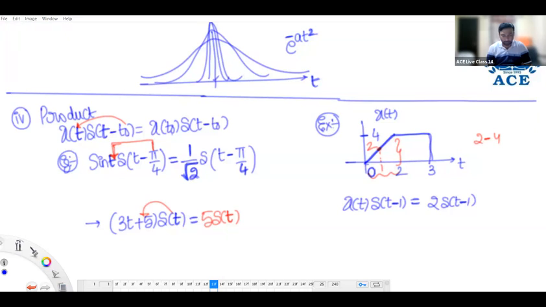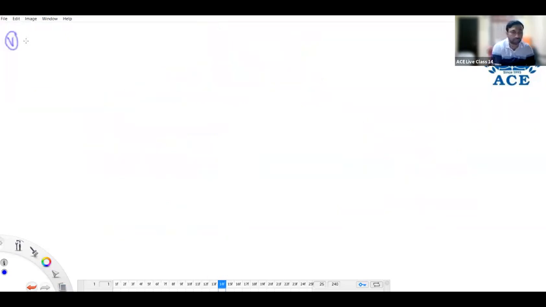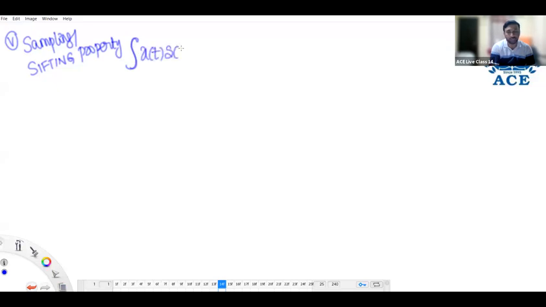Okay. The next property which we are taking is called the sampling or shifting property. Integral of x of t into del of t minus t naught equals x of t naught. The shift should lie within the limits.